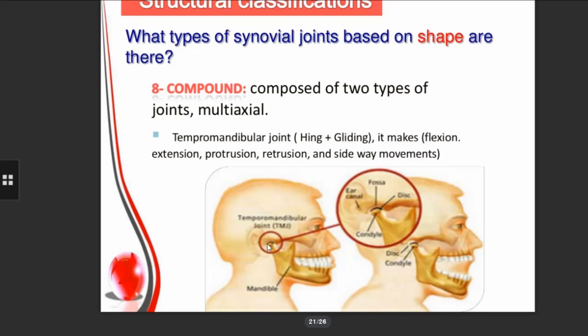It's a hinge type, like we have discussed earlier, and a gliding joint. It can make flexion, extension, protrusion, retrusion, and sideways movements. We have seen that a hinge joint is uniaxial, whereas when both are combined, they make a multiaxial joint.